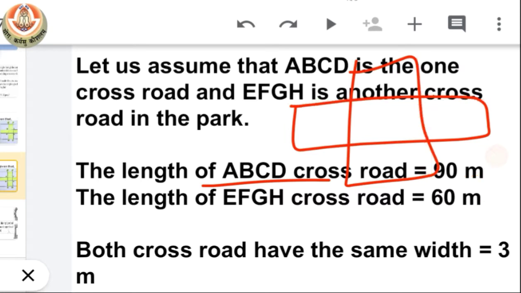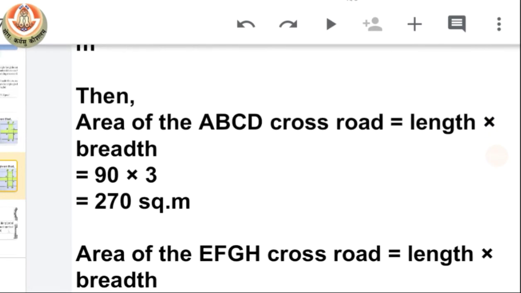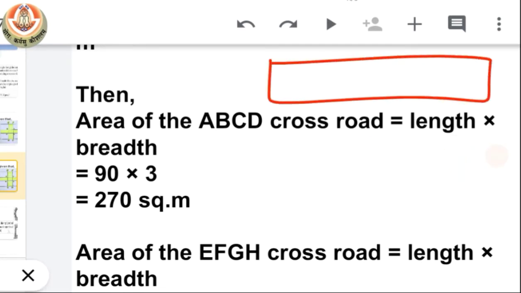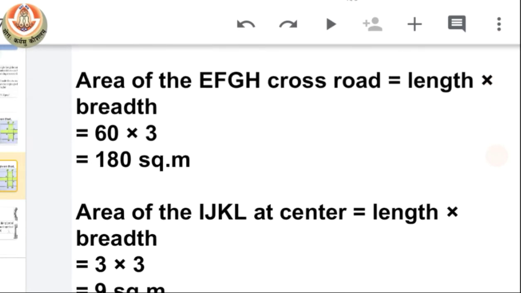So now both cross roads have the same width, 3 meter. So the area of the ABCD cross road will be 90 into 3, that is 270 meter square, and the area of EFGH is 60 into 3, that is 180 square meter.